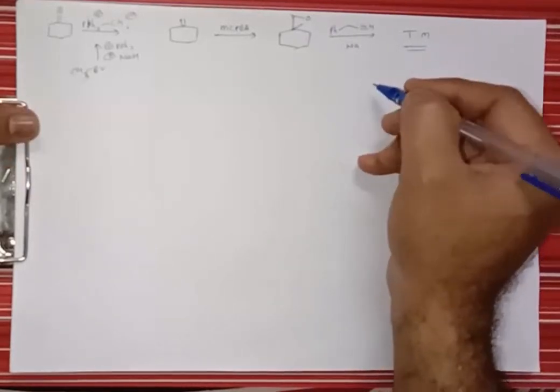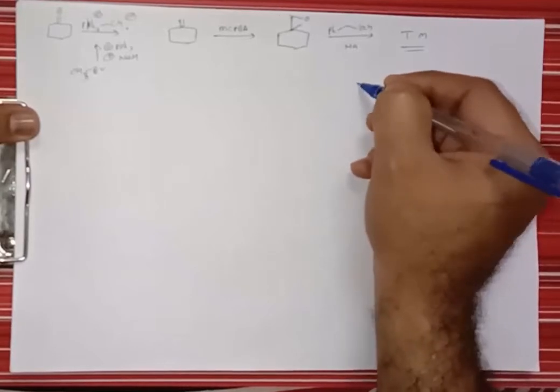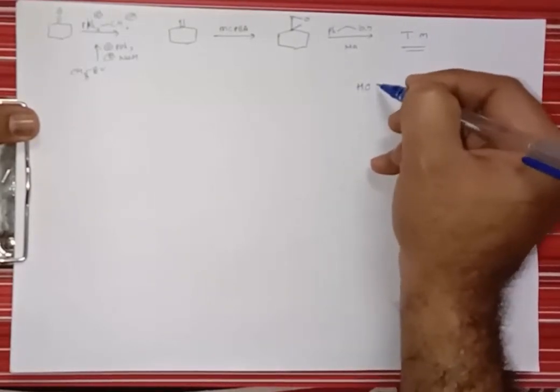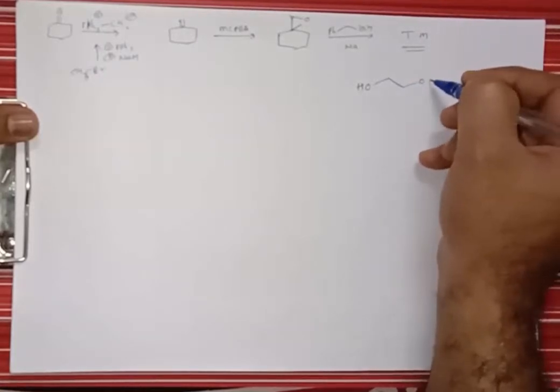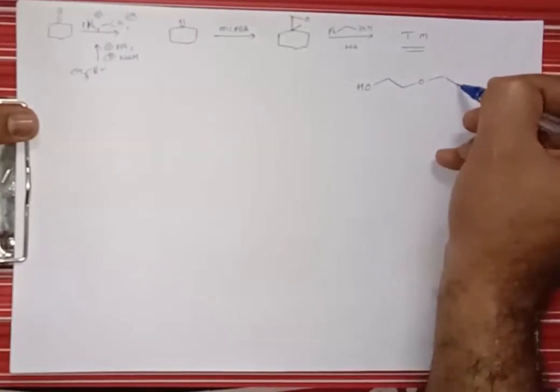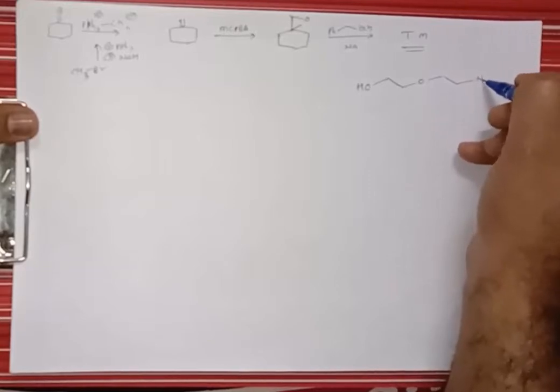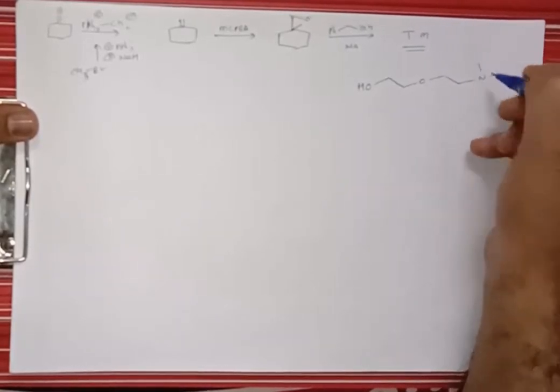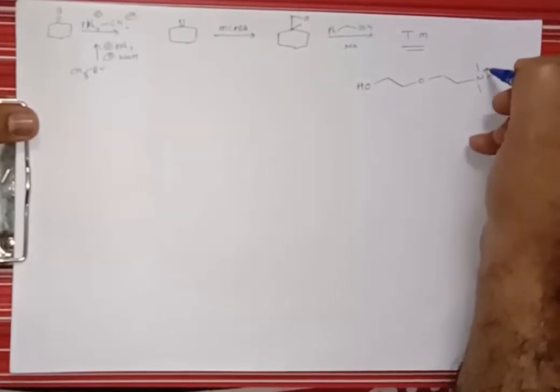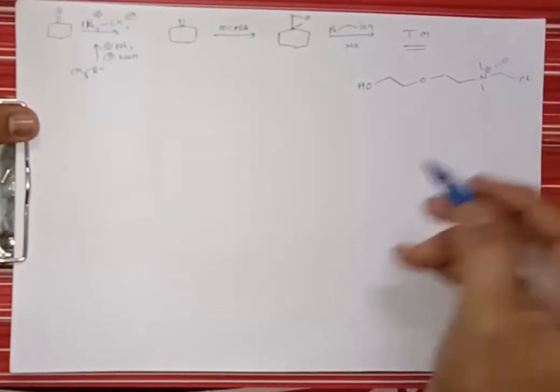So here I am giving one molecule for exercise. Here is OH, CH2, CH2O, then CH2, CH2, N, CH2, Ph, CH3, CH3 plus Cl minus, right?